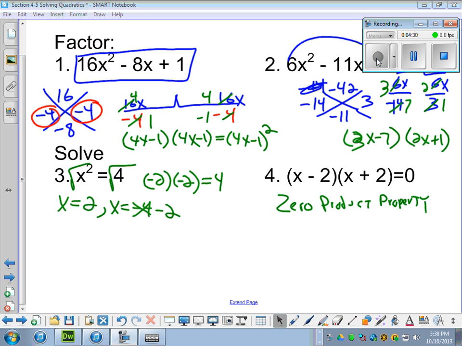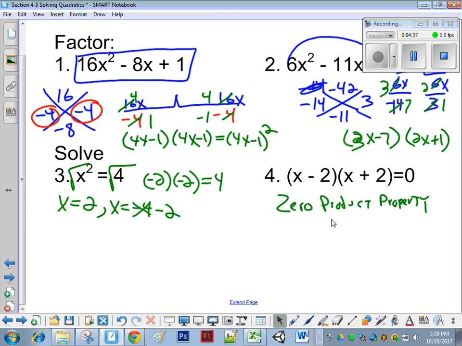Okay, zero product property. That means that any two numbers multiplied together getting an answer of 0, let's say I have some letter A times some letter B is equal to 0. Either one of the numbers A equals 0 or B equals 0.